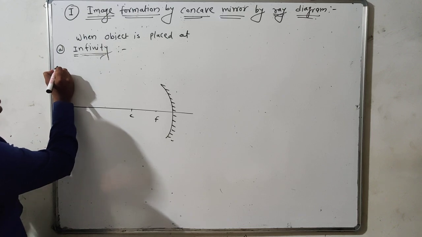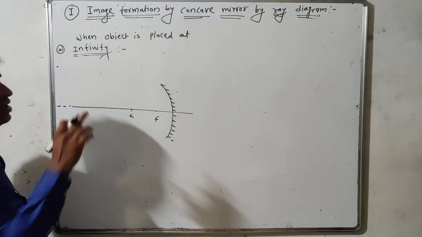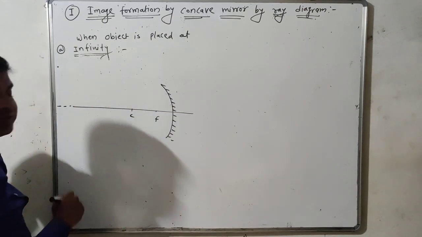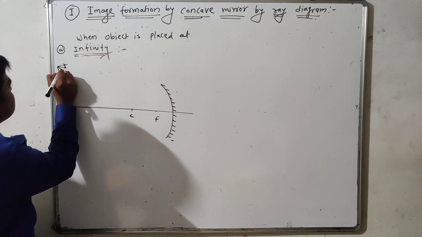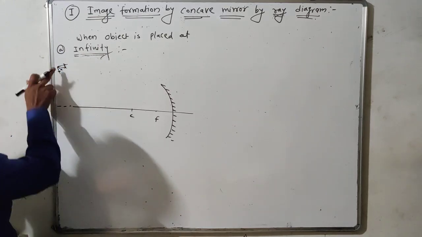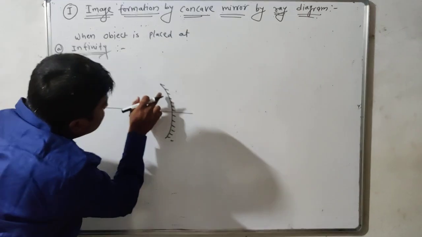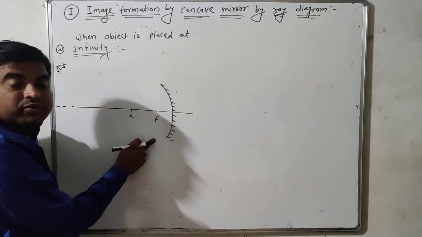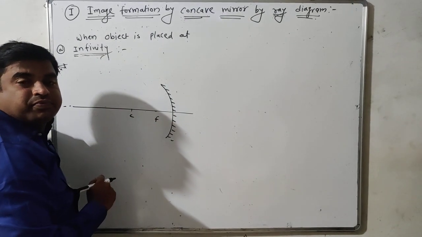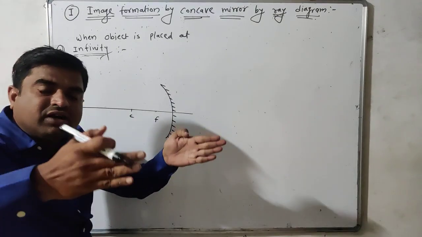I take this point object here so that you can understand. It is located at infinity. So this point object will emit light like this in all directions, and the rays which are emitted by this point object travel an infinite distance when they reach the concave spherical mirror. So as we know that after traveling an infinite distance, the diverging ray gets converted into what?